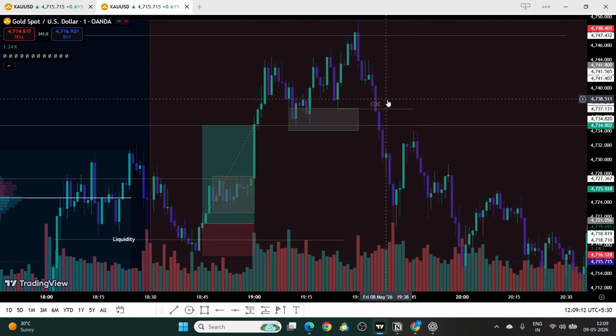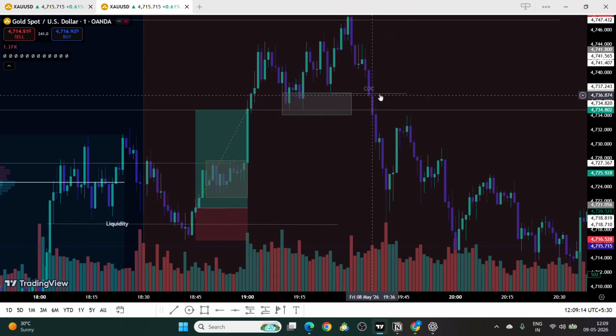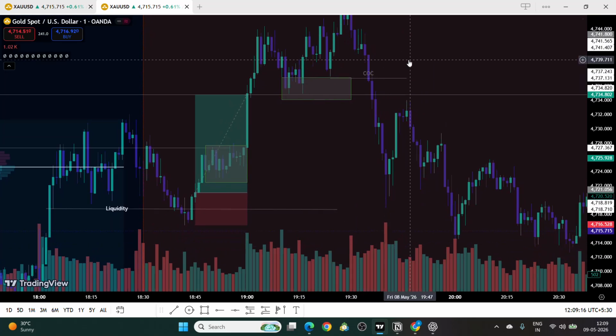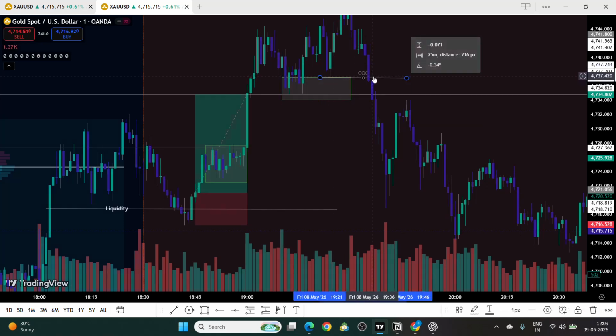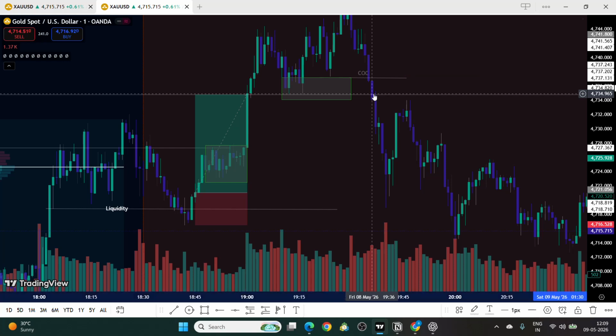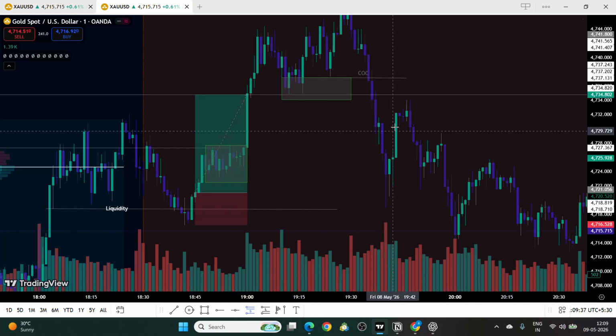But we still need some more levels to be confirmed. If you see this candle, it has taken this change of character, this low has been taken, and this candle also closed in the 1 minute time frame. So we can have a short entry here.